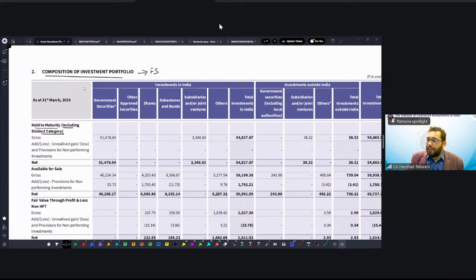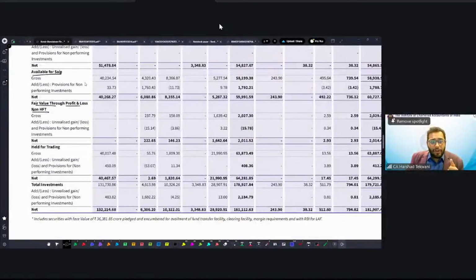Again, it is divided into different categories: government securities, other approved securities, shares, debentures, subsidiaries, others, in India and outside India, which are further divided into held to maturity, available for sale, fair value through profit and loss account, non-HFT, and HFT, held for trading, as a separate category, coming to your total investments.